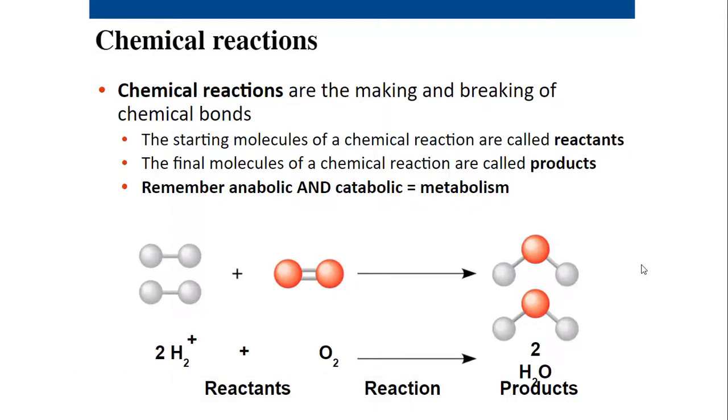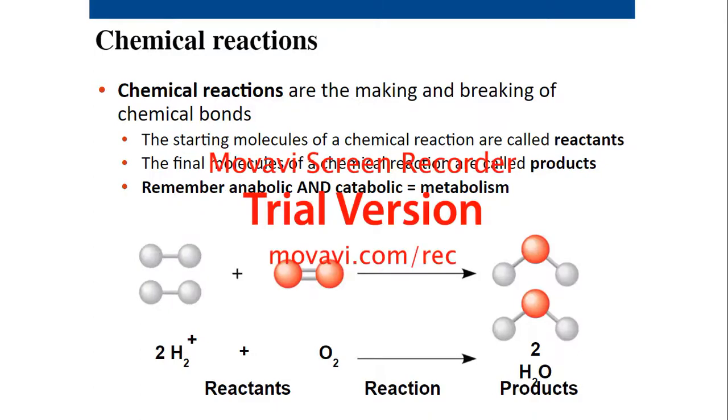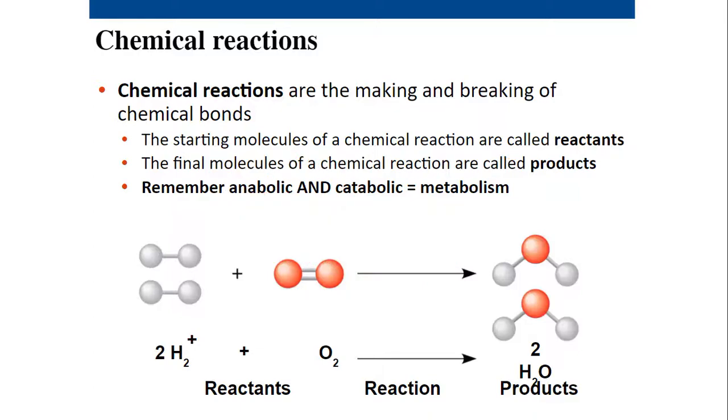So with chemical reactions, you aren't creating or destroying matter, you're essentially just rearranging atoms. And remember, anabolic means build stuff up, catabolic means break things down, and the sum of your anabolic and catabolic reactions is metabolism, okay?